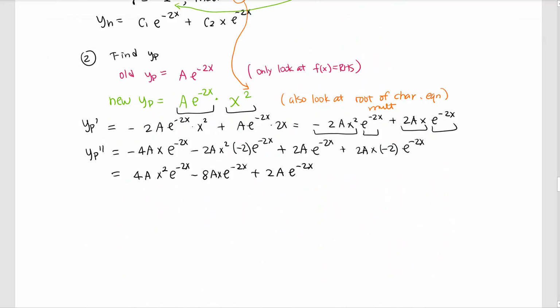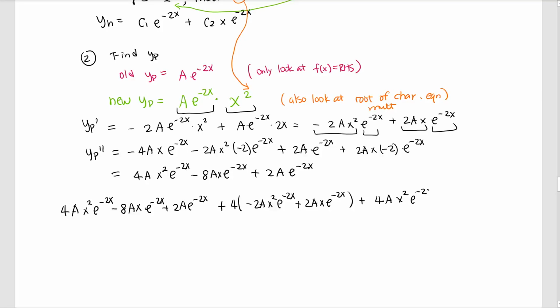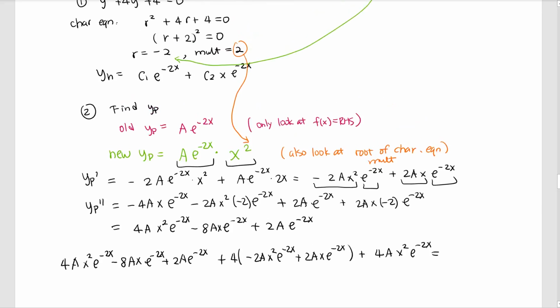Y prime prime is 4ax squared e to the negative 2x minus 8ax e to the negative 2x plus 2a e to the negative 2x. That plus 4 times y prime. Y prime is negative 2ax squared e to the negative 2x plus 2ax e to the negative 2x, plus 4y. 4y is 4ax squared e to the negative 2x, equals what's the right hand side? e to the negative 2x.